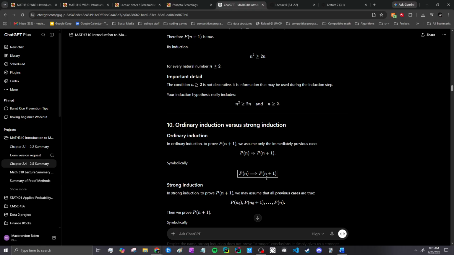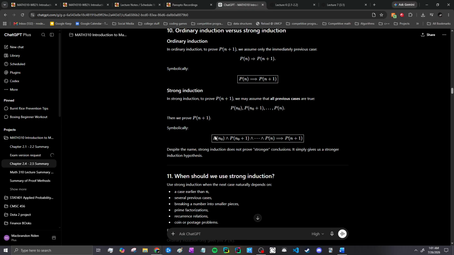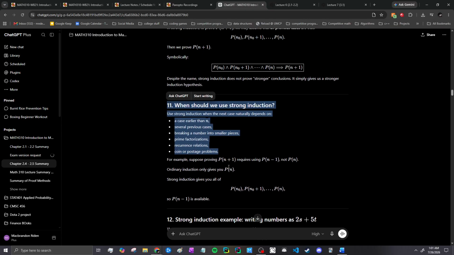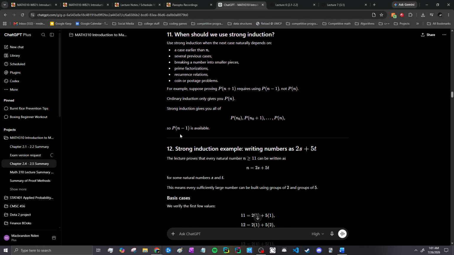In this case, we use the predicate for n, and we can also use the predicates not just for n, but also for the previous values of n. And here it gives us a reason why we should use strong induction instead of weak induction. I'm guessing it's gonna give an example.